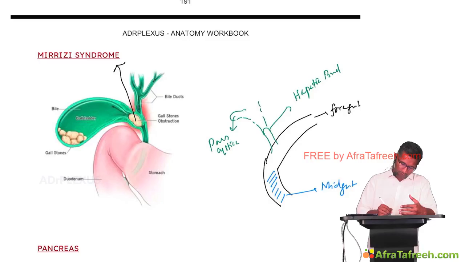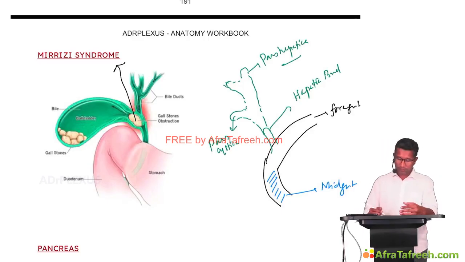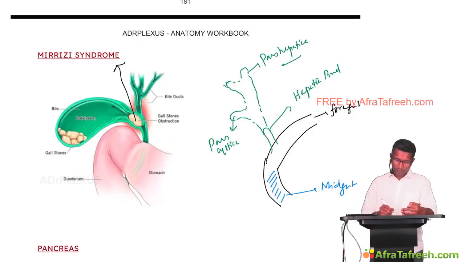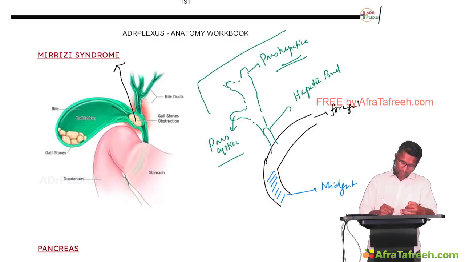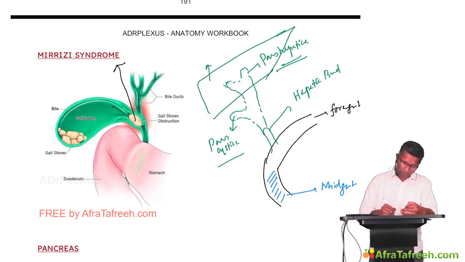The other bud, which forms the liver, is called the pars hepatica. They enter an area at the junction of the thorax and the abdomen, called the septum transversum.